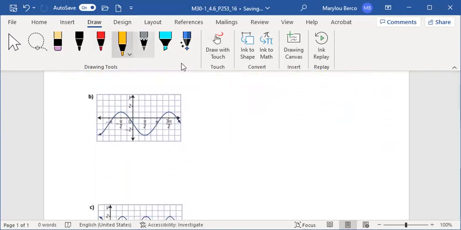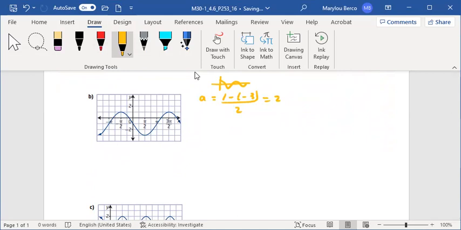Okay, remember the cos graph starts at the top. Lousy graph, but that's okay. Okay, the amplitude is max minus min. So A is equal to 1 minus negative 3 divided by 2, which is 2.